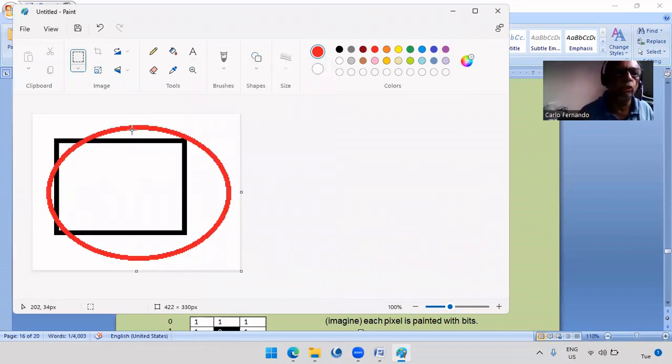Because this starts showing, no? Earlier it was a smooth line, but now it's ragged. The quality has gone down. The pixels are shown. These are the pixels. That is a bitmap. They are just stretching the image.